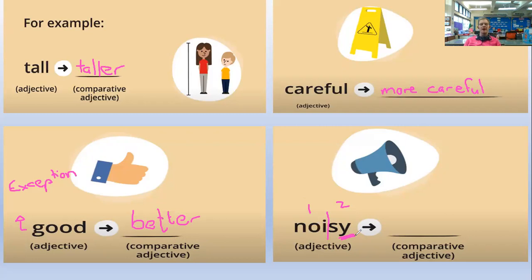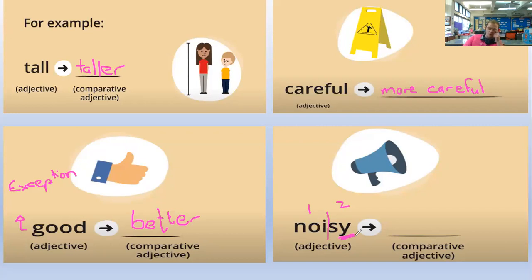What would the comparative adjective be for noisy? Noisier. How do we spell that?